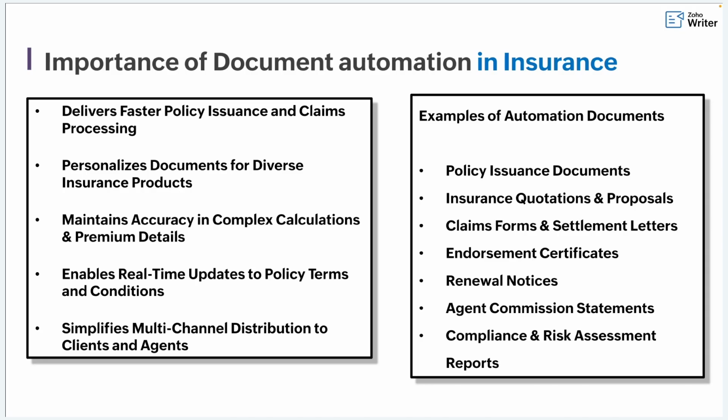It even extends to endorsement certificates when policy changes happen, renewal notices that remind customers before their coverage lapses, and agent commission statements that save hours of manual calculation. And of course, compliance and risk assessment reports can be pulled together without sifting through piles of data. And that's the kind of real world efficiency document automation brings to the table.